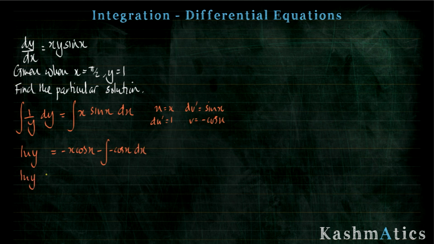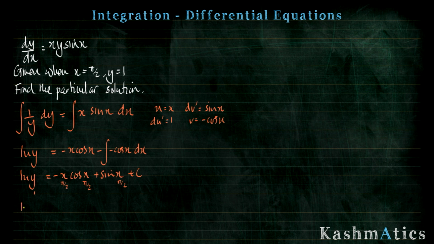So I get ln y equals minus x cos x. Now this here, this becomes the integral of a positive cos x, which is just sine x, add c. And we can put in our boundary conditions to work out what the constant is. So let's just write down pi over 2 here, and pi over 2 here, pi over 2 here, and 1 here.